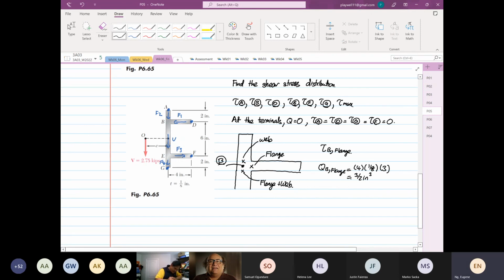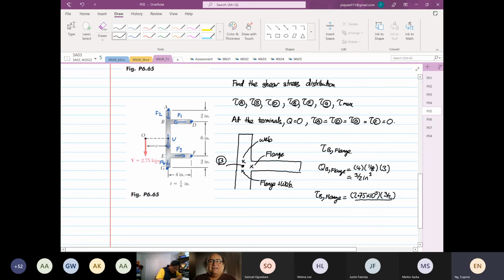So from here, your shear stress at point B flange is equal to, V is equal to 2.75 times 10 to the power 3. Q is 3 over 2.